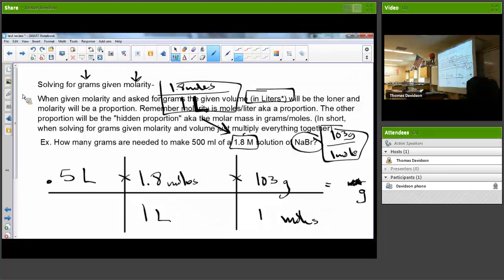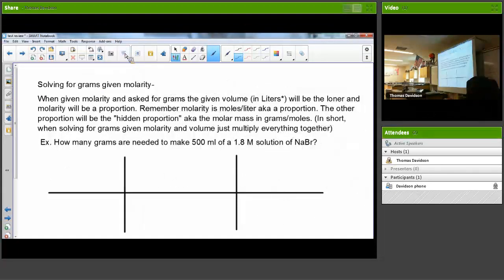All right. So, when asked for grams, given molarity, just multiply the 3 numbers. Make sure and write the number 3. Now, the reason why, underline 3, emphasize that 3. It's important. Because look, how many numbers does the problem give you?